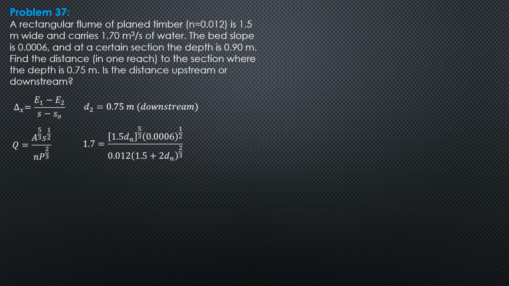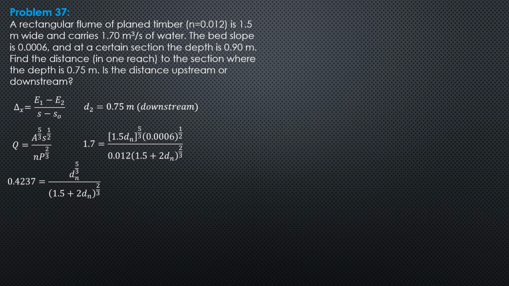It would contradict the principle if it crossed the normal depth and the critical depth, because the flow is assumed to be gradually varied. So at uniform flow, S of the energy grade line is S0, also the slope of the bed, divided by n. Then perimeter is width plus 2 times normal depth, raised to 2/3. Using the calculator, simplify first: 1.7 times 0.012 divided by 1.5 to the 5/3 divided by 0.0006 to the 1/2, that's 0.4237.